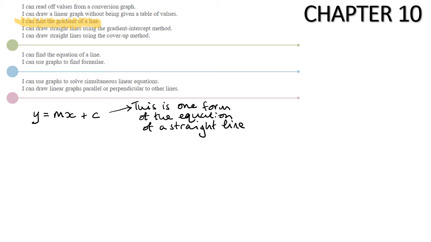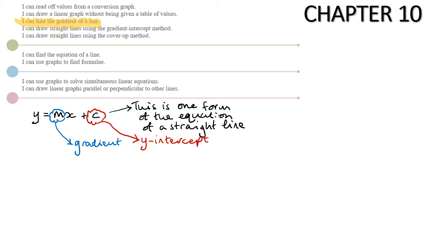Now this is really useful because it tells us what the gradient is. The number in front of x is the gradient. The number that's on its own gives you what we call the y-intercept. It is where the graph crosses the y-axis.